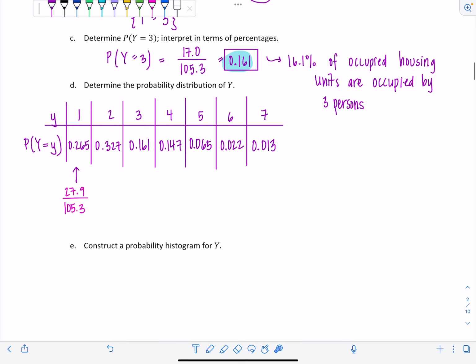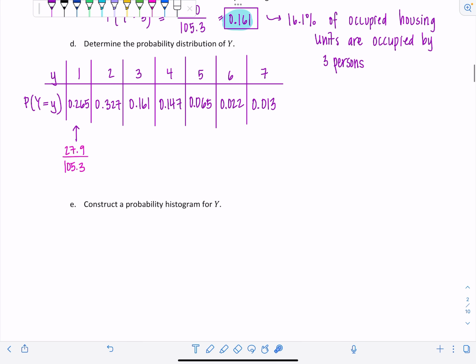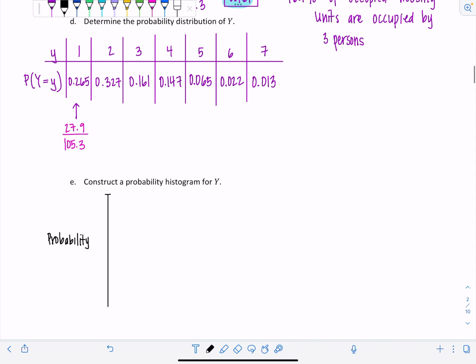Okay. Last, we're going to construct a probability histogram. Again, when you're doing your homework in StatCrunch, you're not going to have to make it by hand, but I'll just do it because why not? So this is the probabilities on the y-axis. And then I'm going to have all of the values that y takes on down here: number of persons. Let's make this straight, please.